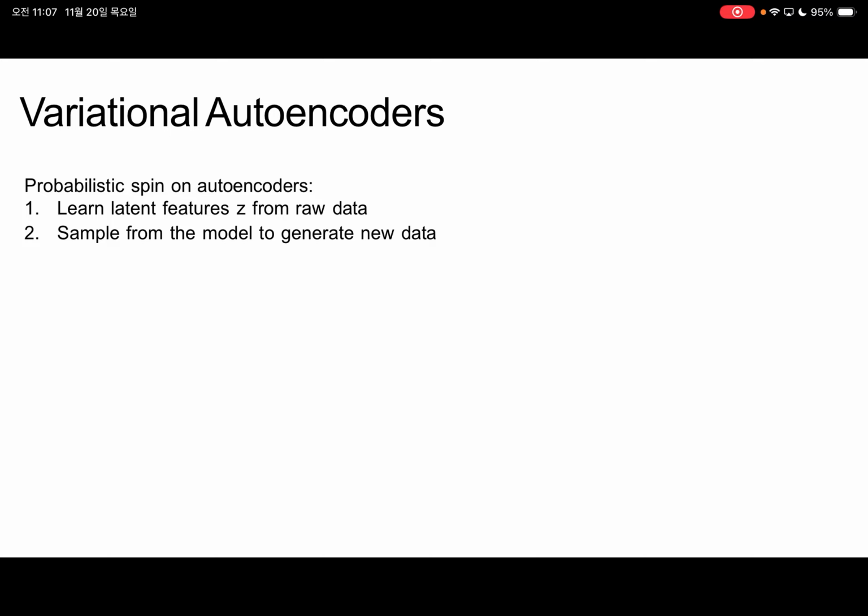So from the autoencoder, we take a probabilistic spin, learning latent feature Z from raw data. That is the same as the non-variational autoencoder. But we sample from the model to generate new data.